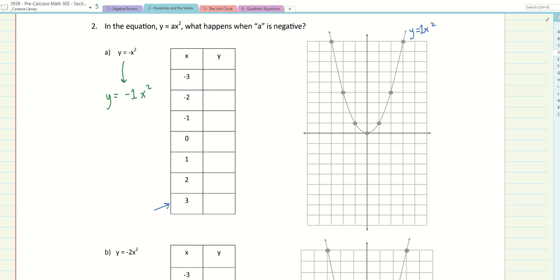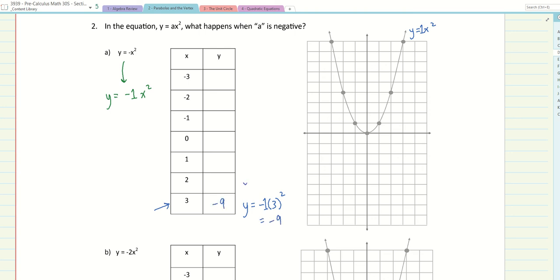Let's start here at the bottom. When we plug in 3, y is equal to negative 1 times whatever our input squared is. So we square the 3 and get 9, and that negative 1 in front multiplies it and makes it negative 9.